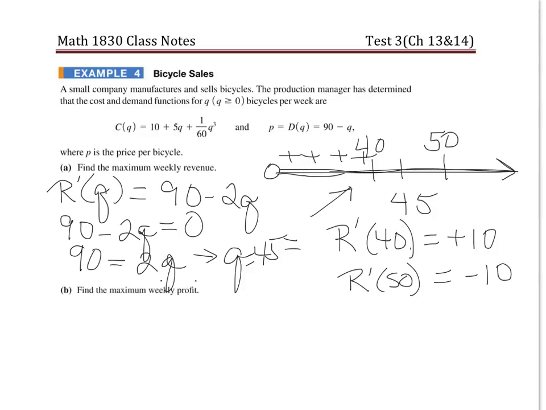In fact, it's negative 10. So that means that the derivative on this side of your critical number, which is 45, is negative, negative, negative, negative, which means that your function is going down, and that tells you that your maximum revenue occurs when you have made and sold 45 bicycles.